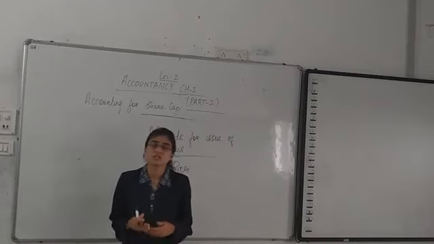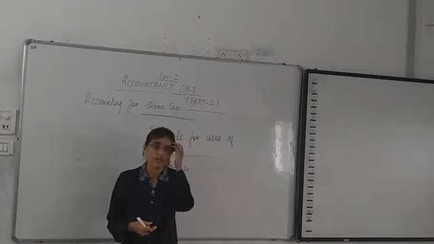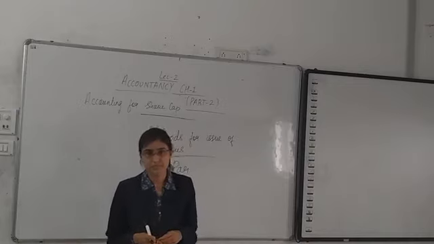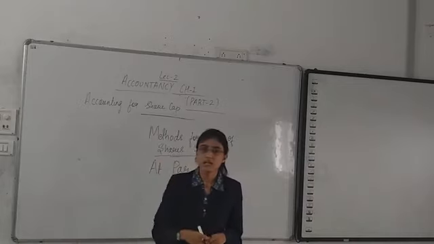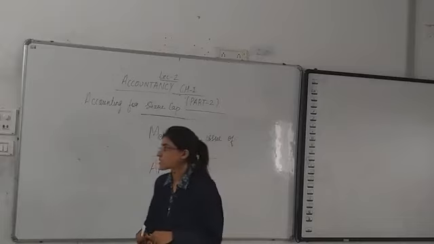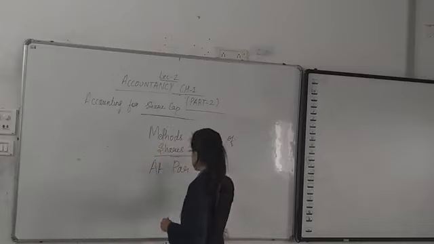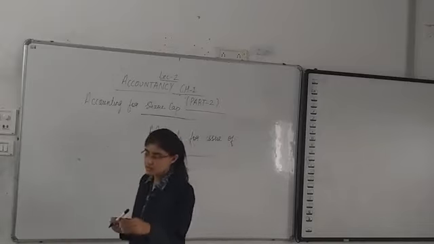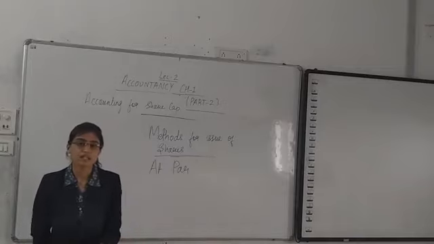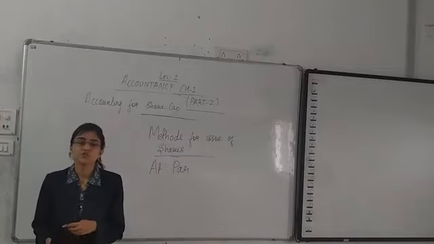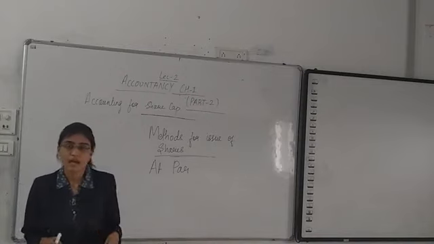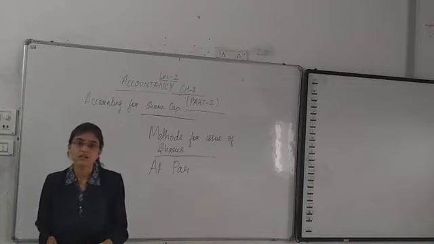This is how the amount of a share is called out. So, taking it ahead, methods for issue of shares. There are 3 methods: issue of shares at par, issue of shares at premium, and issue of shares at discount.